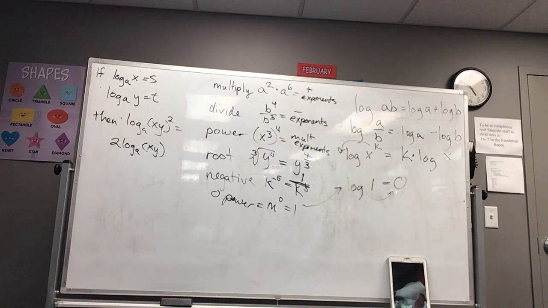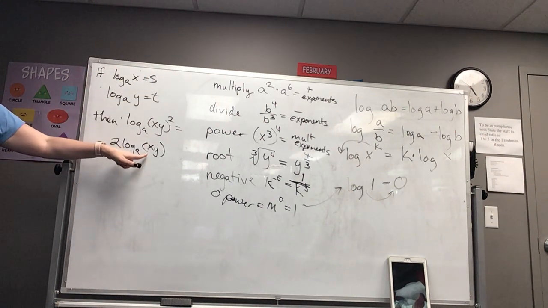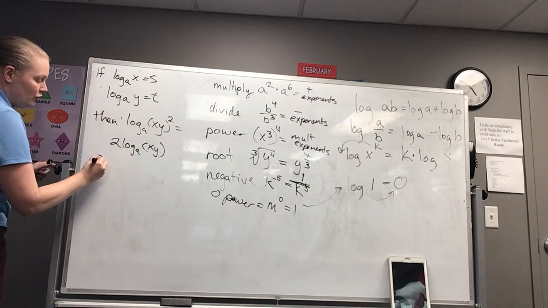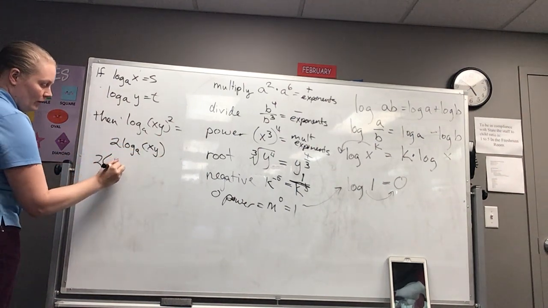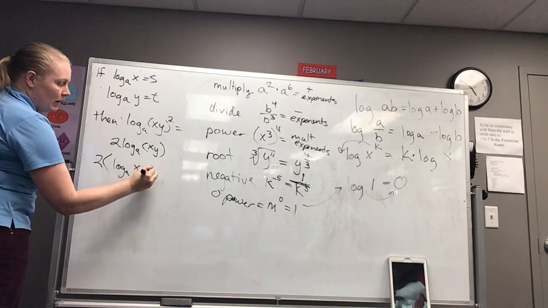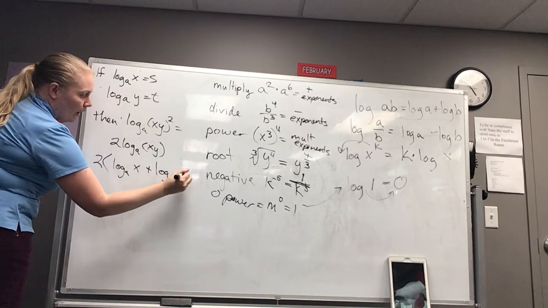And so with these exponents, we can bring the power down to the front. Next, with the multiplication, we can break this into the log of x and the log of y. And so we have 2 times log A x plus log A y.